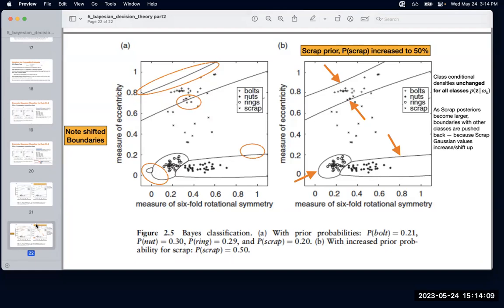However, that overall surface would move either up or down depending on the relative importance of the prior. If you have a prior that is the highest one, you would see that surface going up. If you have a prior that is not the highest one, you would see that going down with respect to one that is higher than that one.